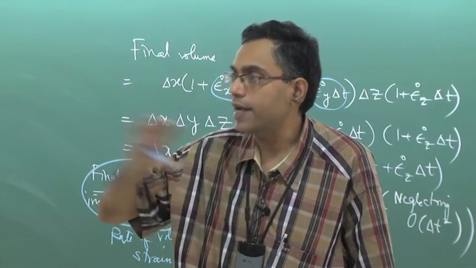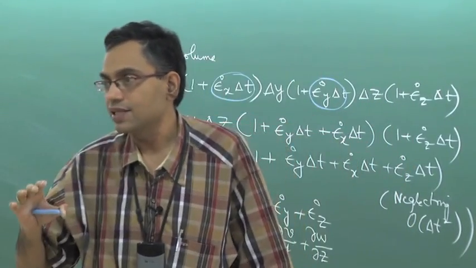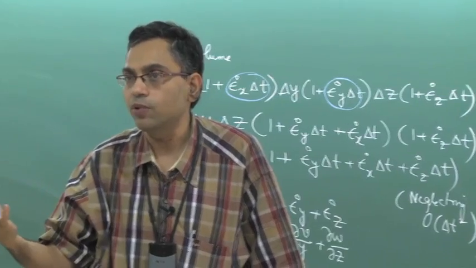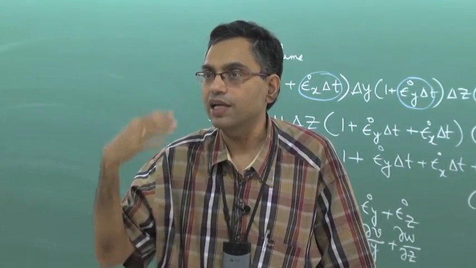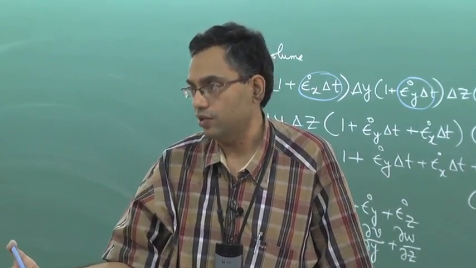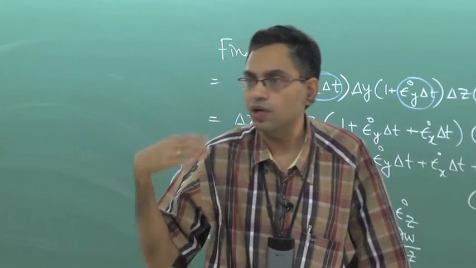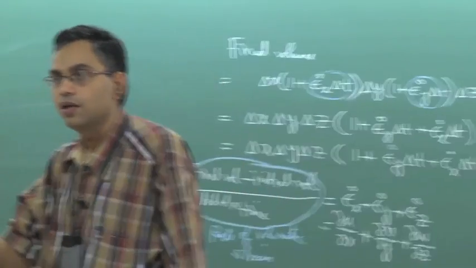So, it is purely a kinematic parameter, whereas when you are talking about incompressible fluid, you are trying to see whether density is a strong function of pressure or not. If density of the fluid is a strong function of pressure, it is compressible, otherwise it is incompressible fluid.